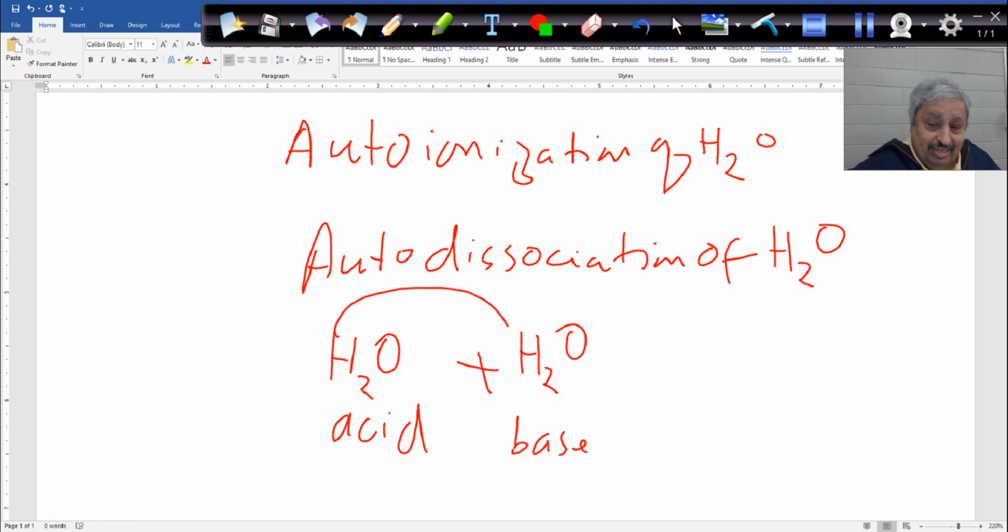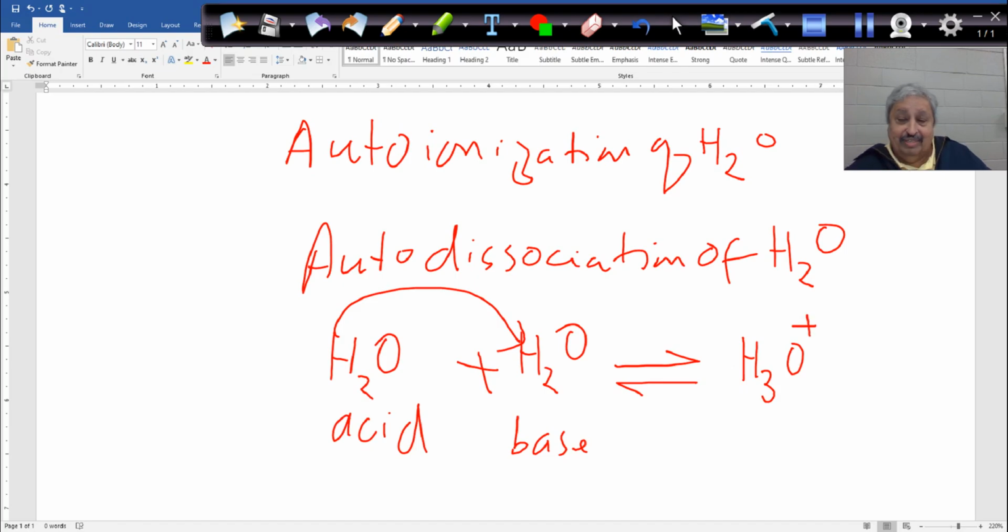The acid will give a proton to the other. The double arrow means it is weak. H2O is a weak acid and weak base at the same time. So it will give H3O plus, which is the conjugate acid, since the base accepted the proton, and OH minus.